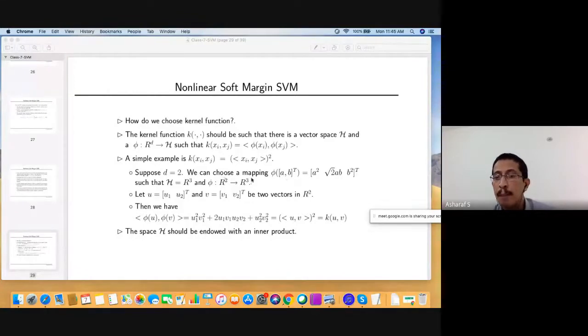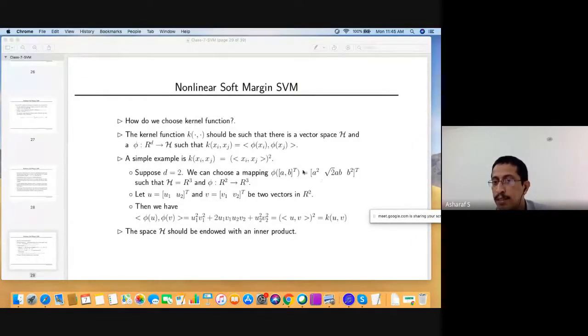So we can choose a mapping. Basically, this is the transformation. Given a and b as the input, this is the transform vector. If you give a vector, this is your original data point (a, b), to the phi transformation, the explicit transformation, this two-dimensional vector gets transformed explicitly into (a squared, root 2 ab, b squared).